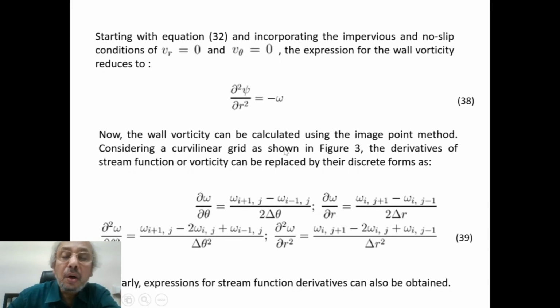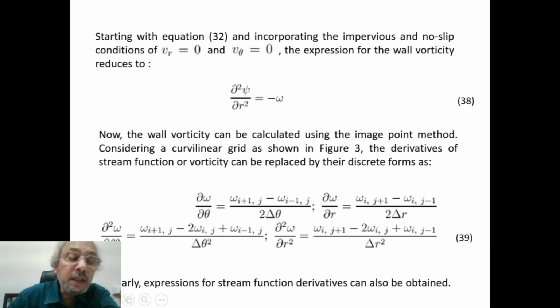So now the derivatives such as del omega del theta, simply we have applied central differencing here. Omega i plus 1 j minus omega i minus 1 j divided by twice delta theta. Del omega del r, in the r direction, that means omega i j plus 1 minus omega i j minus 1 by twice delta r.